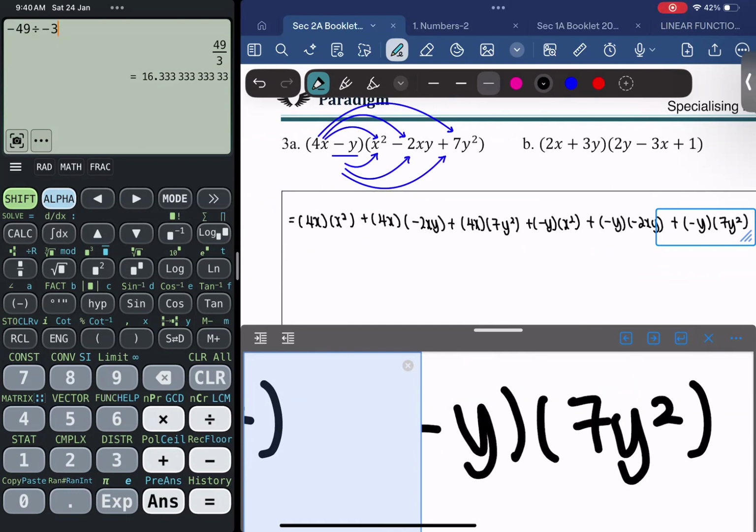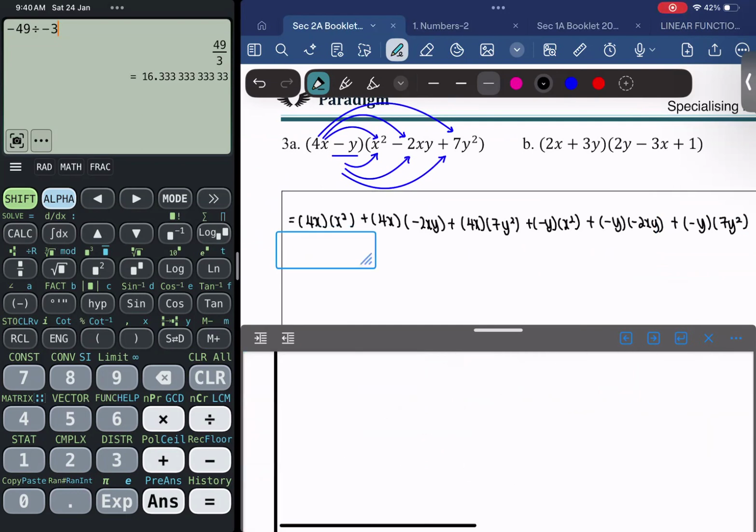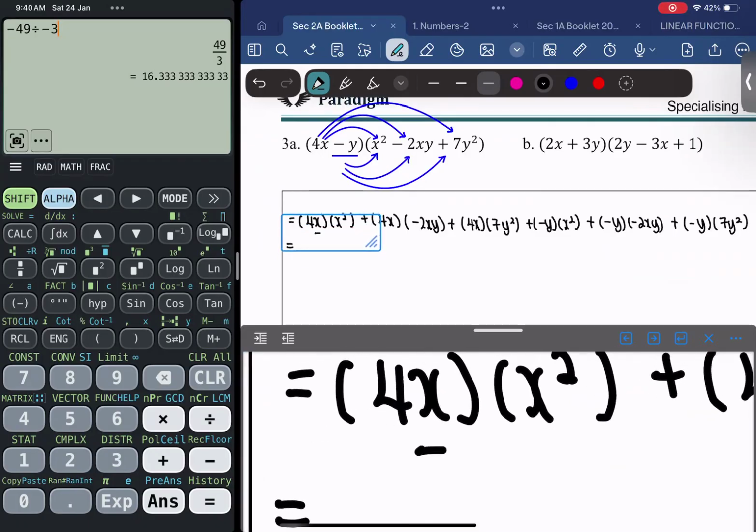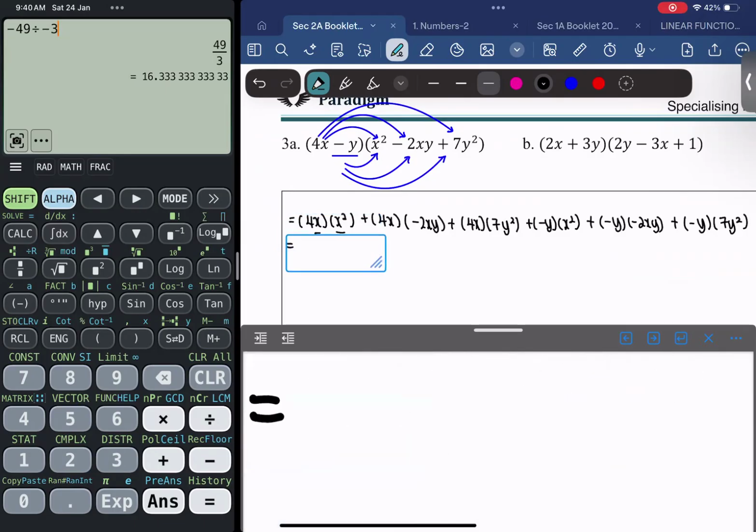Okay, then after that, we're going to open up the bracket. So 4, how many x are there? There's 1x here, 2x here. So it is 4x cubed. Not 4x squared. Don't tell me 4x squared. 4x cubed, because got 3x.